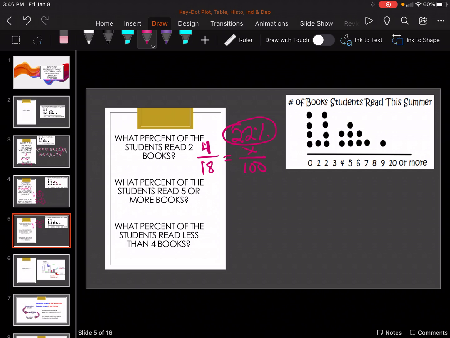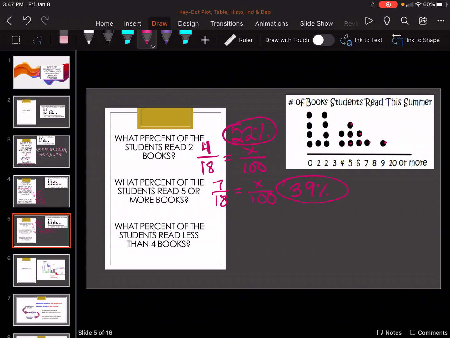And then what percent of the students read 5 or more? So that includes 5. So 1, 2, 3, 4, 5, 6, 7 over 18 equals x over 100. Cross multiply, divide. So 7 times 100 is 700 divided by 18 gives me 38.8, the 8 makes it round up to 39%.